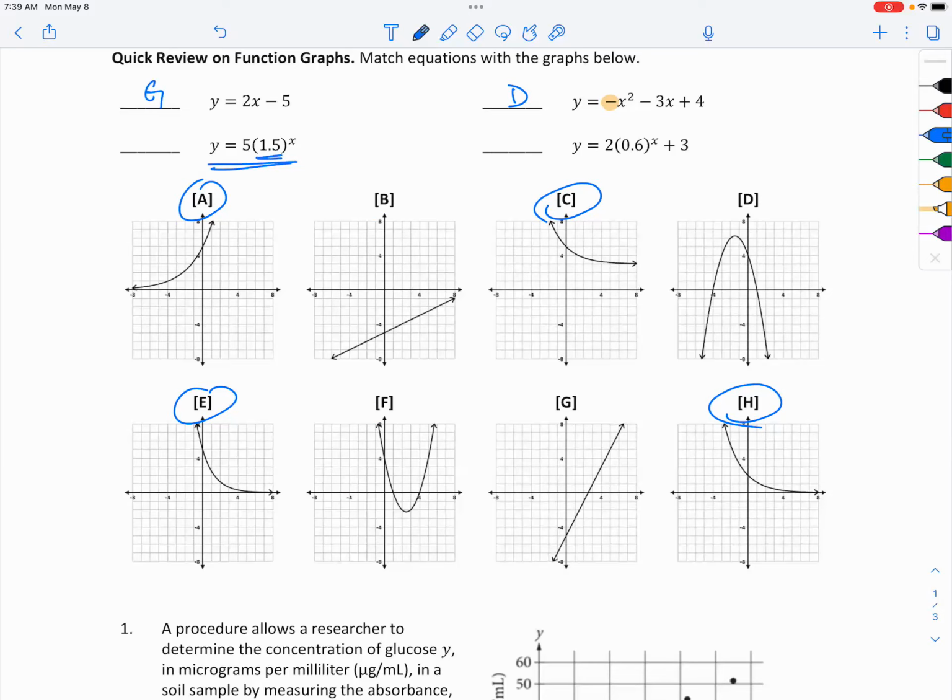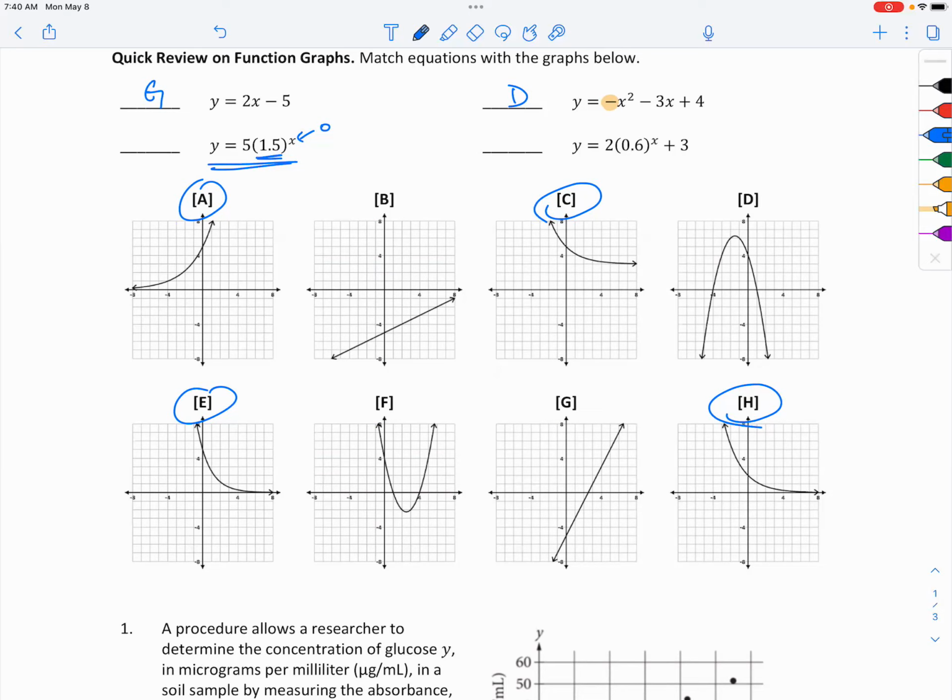Now, that's not enough. I also want you to build a habit: find a point that's easy for you to assess the validity of this equation. You can easily put a 0 into the x and say, if x is 0, what's the point?